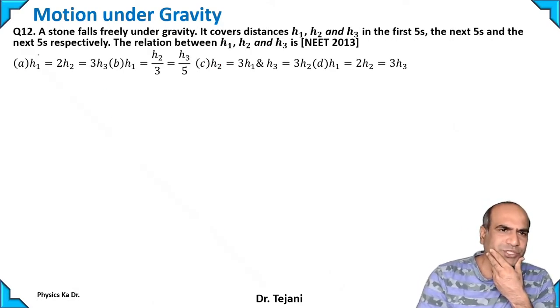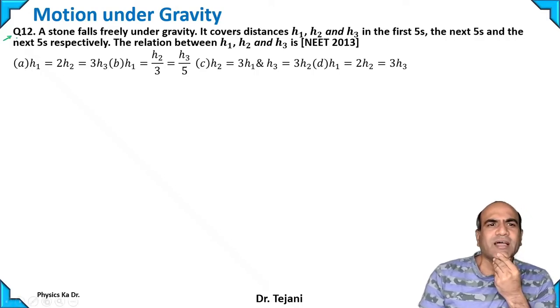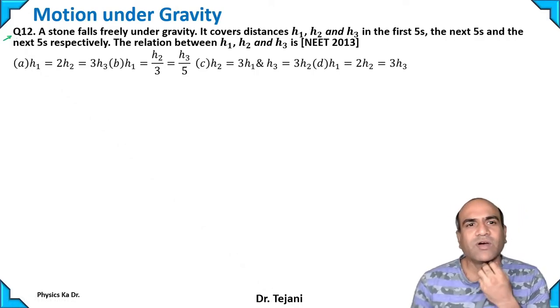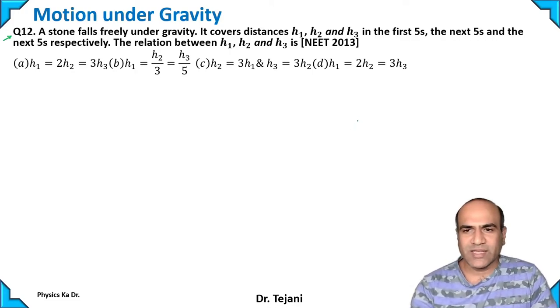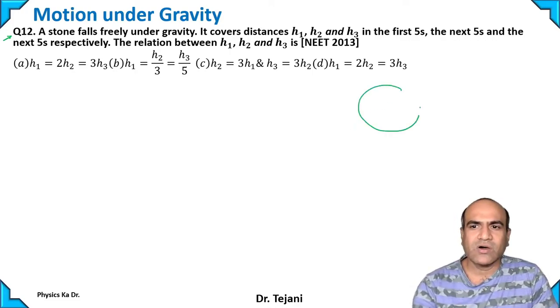Let's have another question from NEET 2013. A stone falls freely under gravity, it covers distance. So the stone is moving in the downward direction, so we know that a must be equal to g.